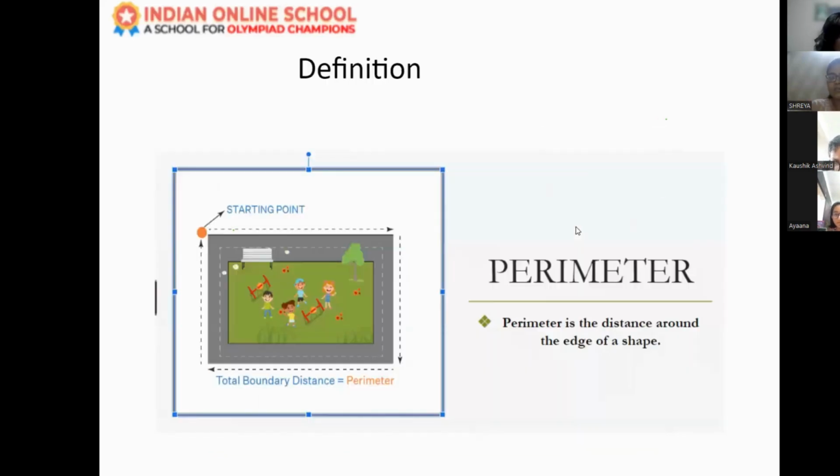For example, if you look on my screen, you have a playground in the shape of a rectangle. So if I have to calculate the perimeter of this, what would it be? I start from here. So I take this length.